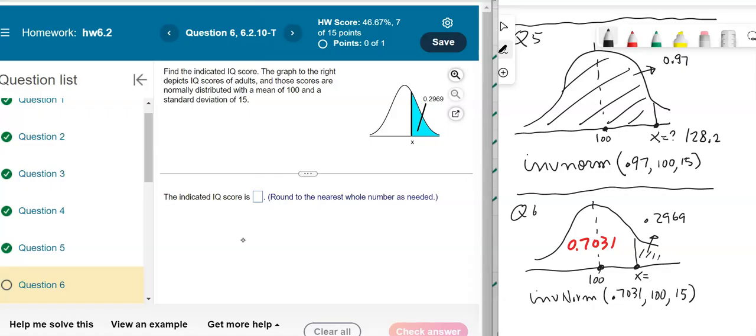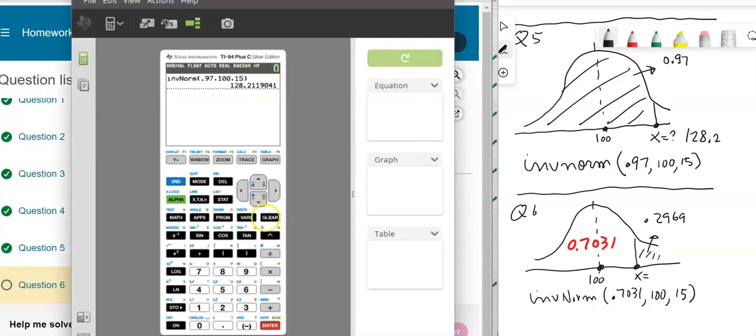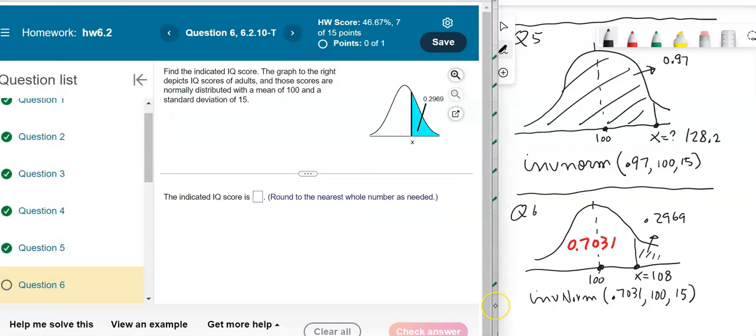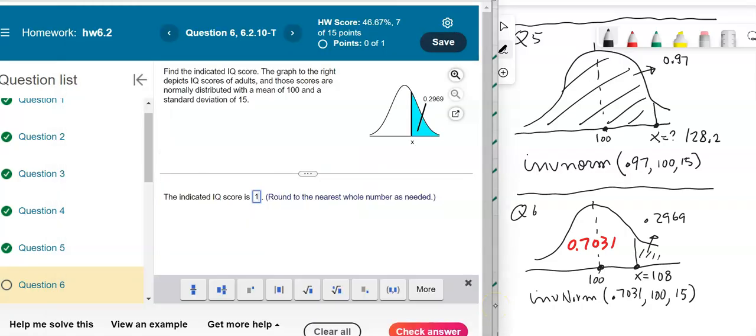So on the calculator, second bars, you go to inverse norm, and then 0.7031, and then mu is 100 and sigma is the same. Paste, and enter one more time. So this number is 108. So that is, the IQ score is 108.